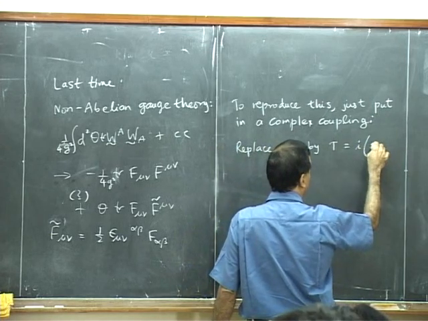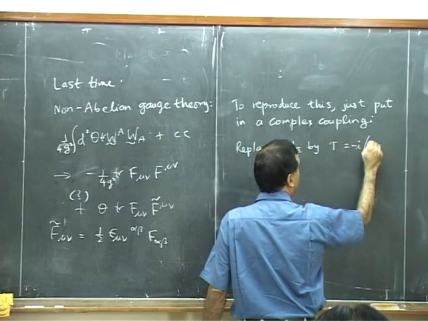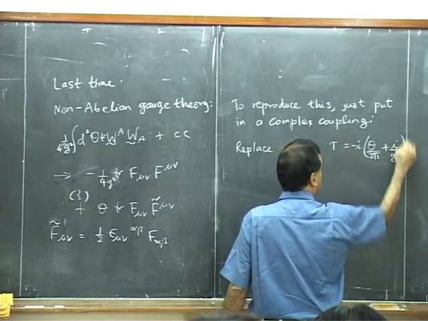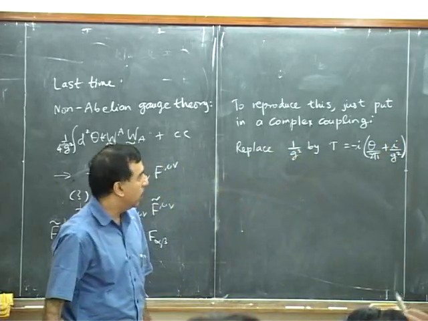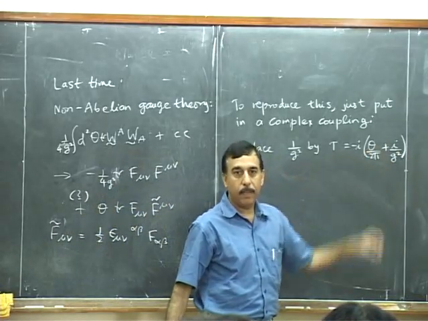I'm not going to do factors over there, we'll have to figure those out, but logically something like this. Okay, so you see that this contains 1 by g squared, but also an imaginary term.